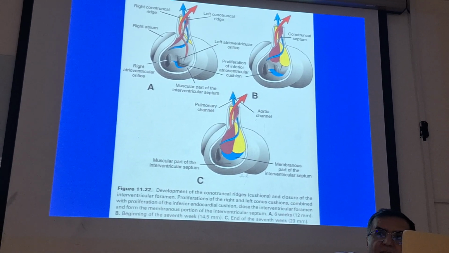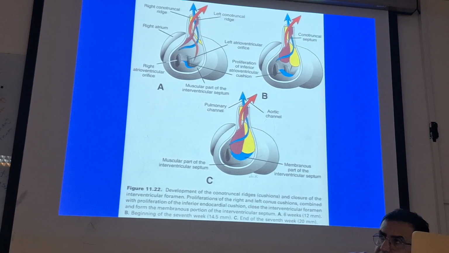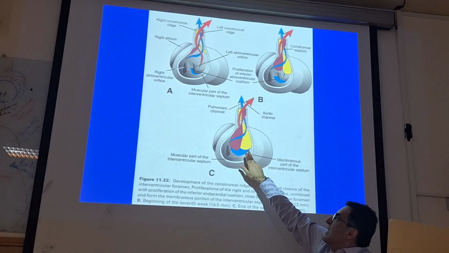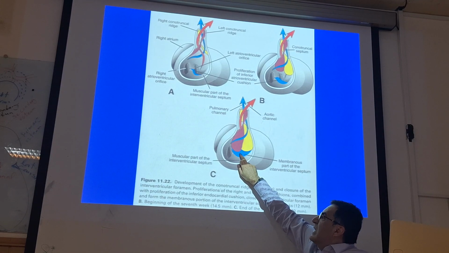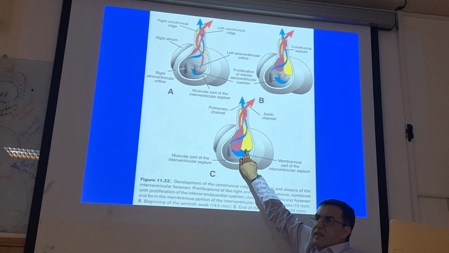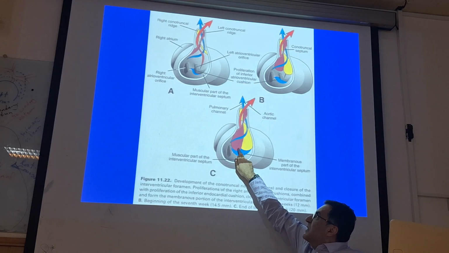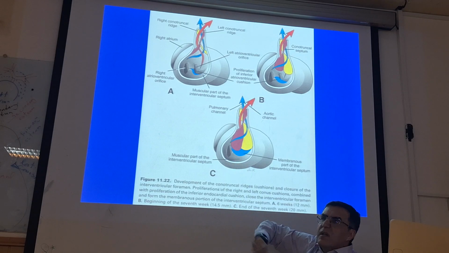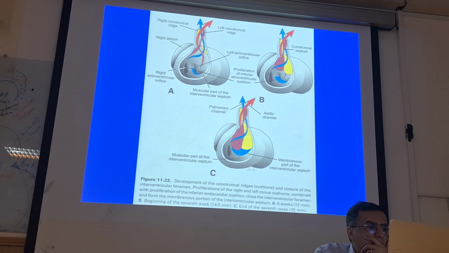If this turning doesn't happen, look at the pictures. You can see that here the three colors meet each other. The lower part of the truncoconal septum, the blue color, is the inferior cushion, for the formation of the membranous part.